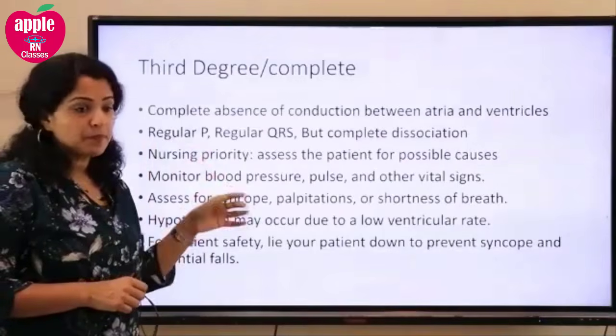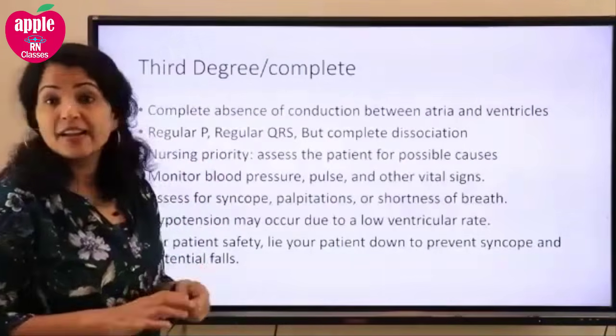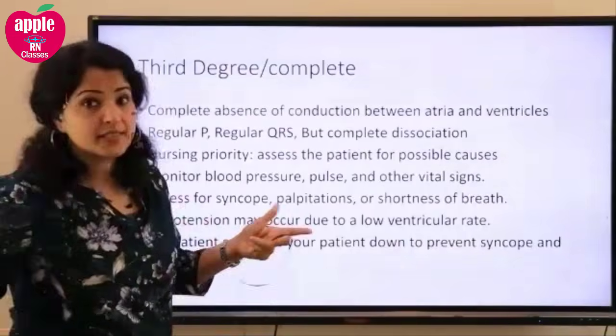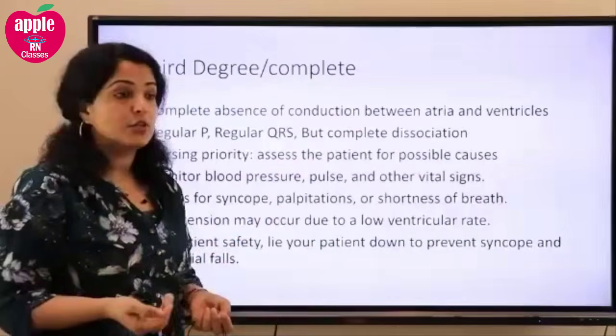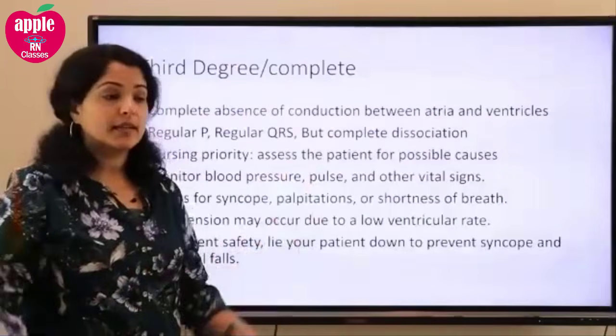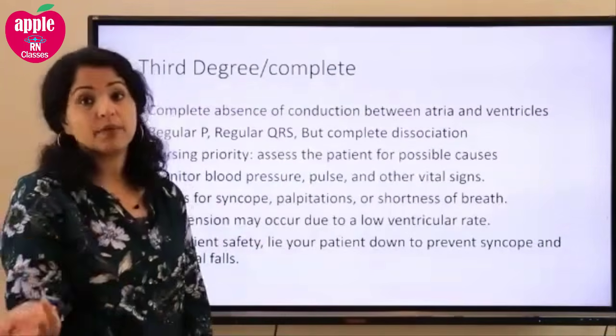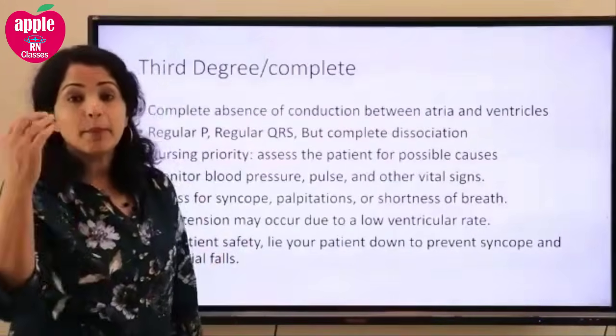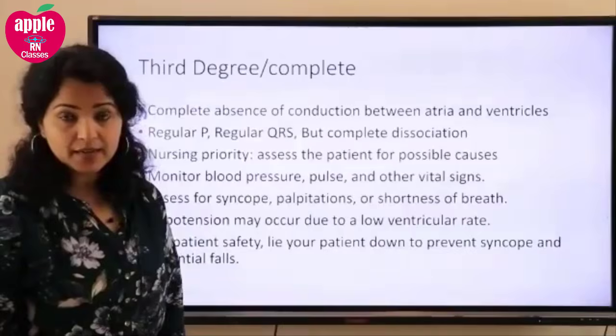These people are already kind of separated. Okay, they're not married anymore. They're separated. Now the next thing they can do is probably get a divorce and carry on with their life. I mean, that's the best thing we can do. So in these people, we need a permanent pacemaker, right?